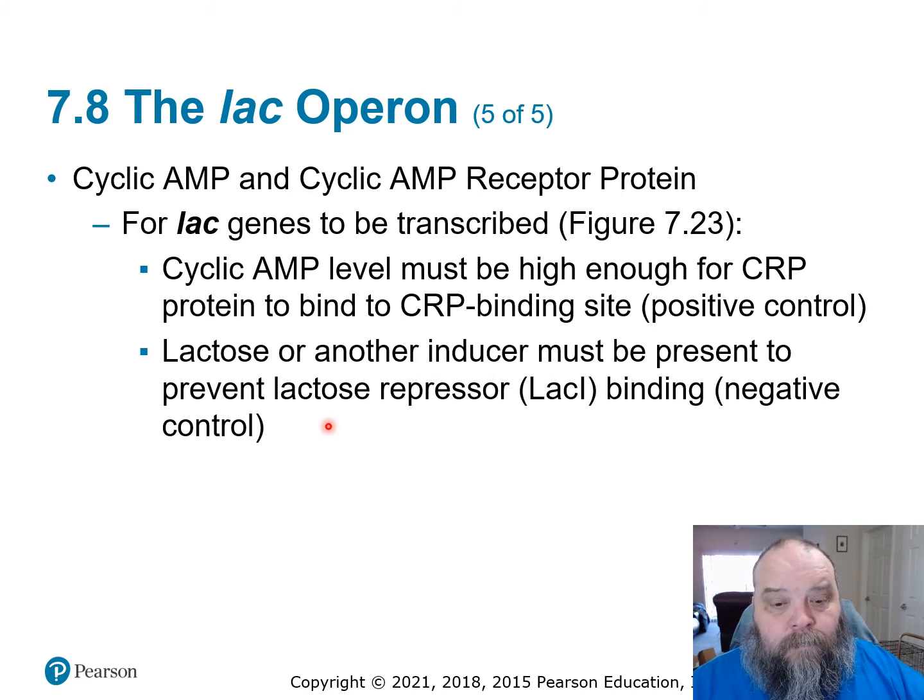But just because cyclic AMP binds CRP doesn't mean that the Lac Operon can automatically be expressed, okay? Because there has to be the presence of lactose. Lactose has to be present and bind a repressor protein known as Lac-L.